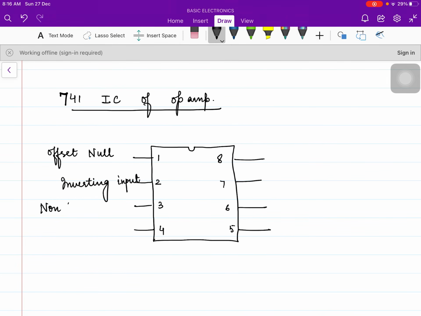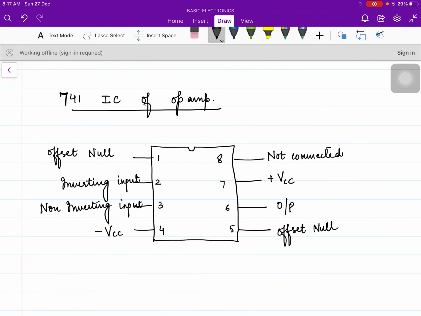Similarly, any voltage that has to be applied at the non-inverting terminal has to be applied at pin number 3, that is the non-inverting input. Then minus VCC, then plus VCC is on the 7th pin. The 6th pin is for output. The 5th pin is also for offset null or ground, and the 8th pin is not connected anywhere.